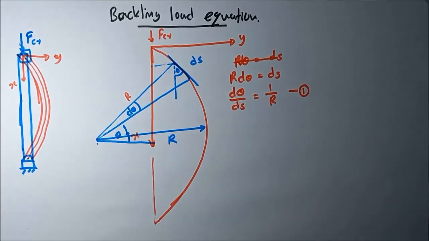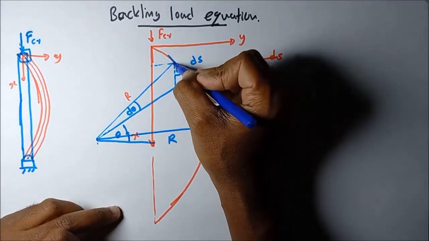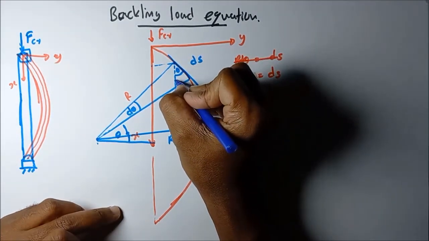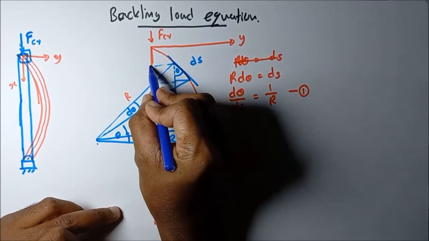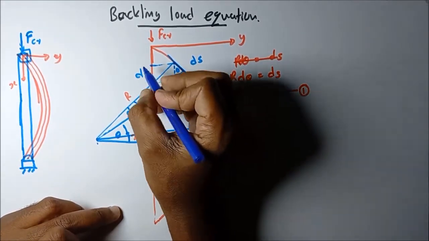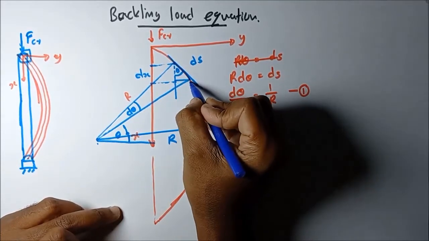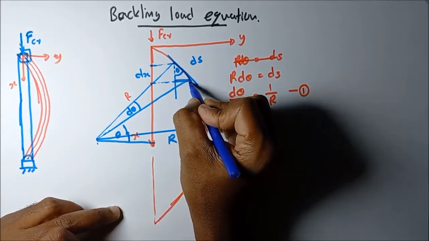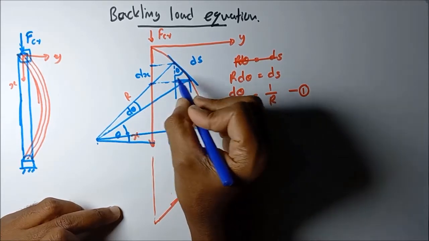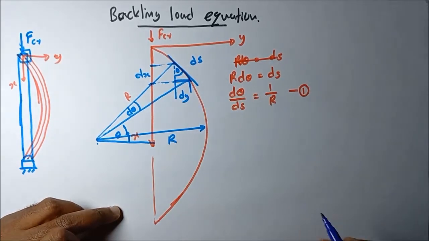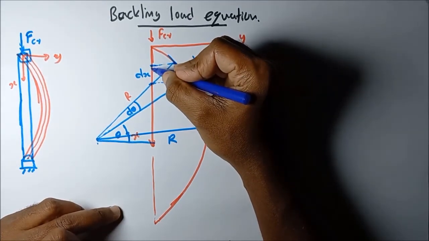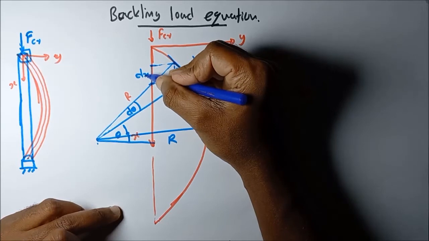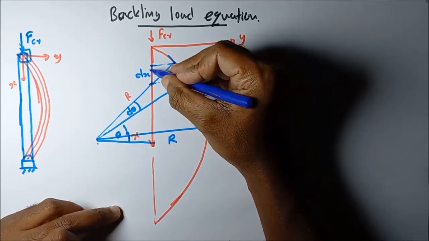Okay, then using this triangle, let's take this length along the column as dx.